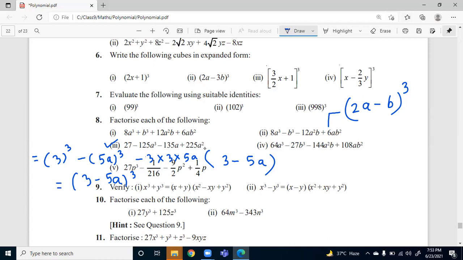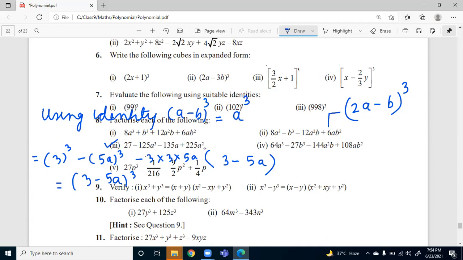So which identity have we used? So you can write using identity a minus b whole cube. What is the a minus b whole cube identity?